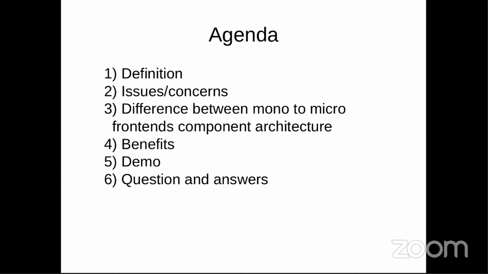This is what I was explaining: the definition of micro frontends, the issues and concerns that made the current tech stack move towards micro frontends, the difference between mono and micro frontends, and the benefits that we would get once we move to a micro front-end architecture. Then I planned for a demo, but sorry, due to some constraints I could not plan for a demo now. That is followed by question and answers.